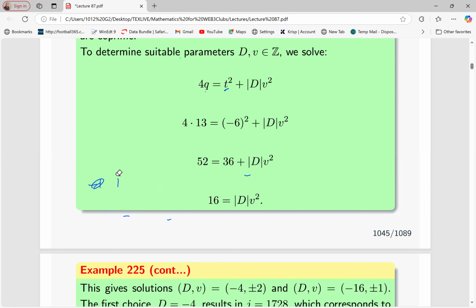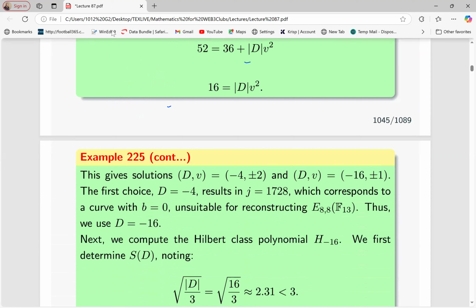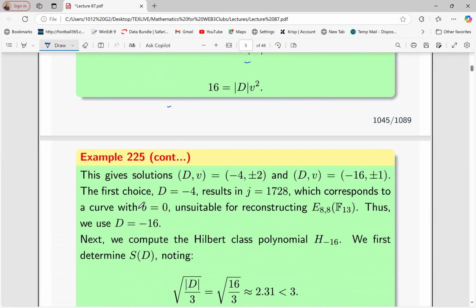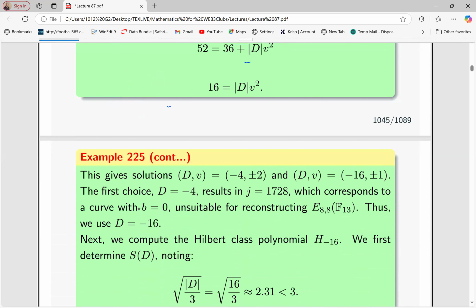Now after finding the discriminant, we want to get the Hilbert space polynomial. That is our D and V.